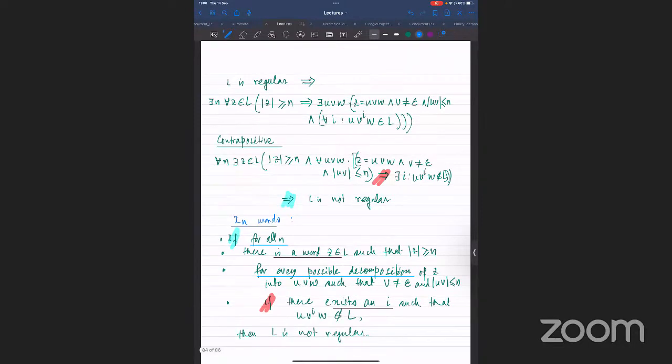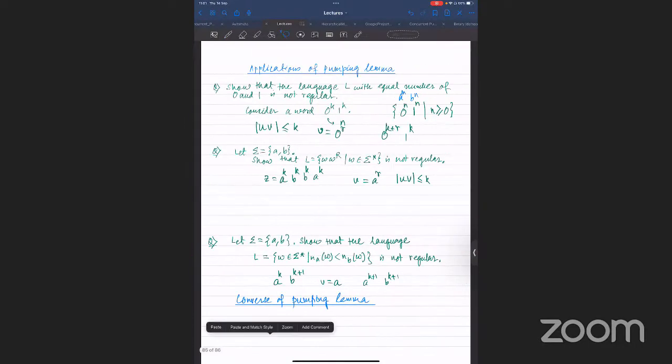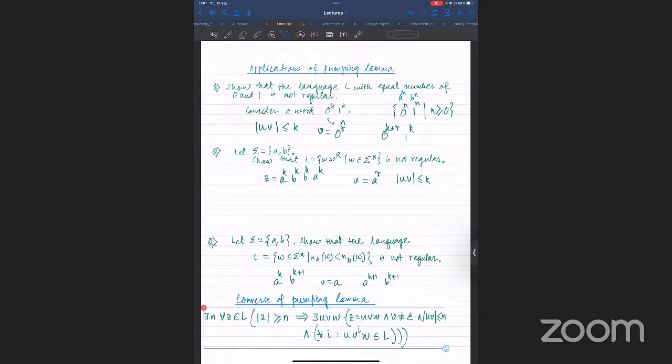So we ask this: if this is the case, does it imply that L is regular?